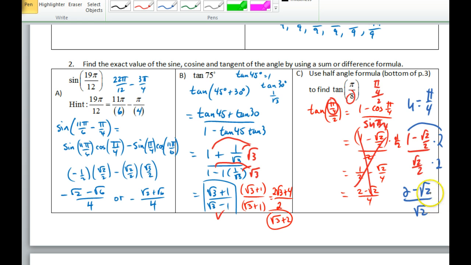So if you want to multiply both top and bottom by the square root of 2, you can do that. And you get 2 square root of 2 minus 2 all over 2. And I think the 2's cancel there as well. A lot of canceling out there, and so I get square root of 2 minus 1 is the end of it. Square root of 2 minus 1.